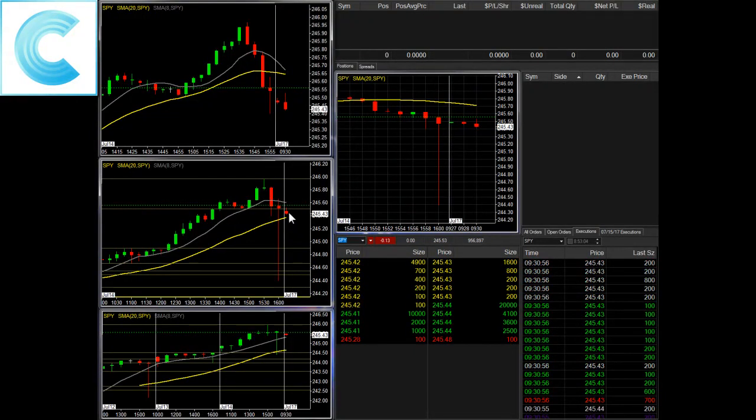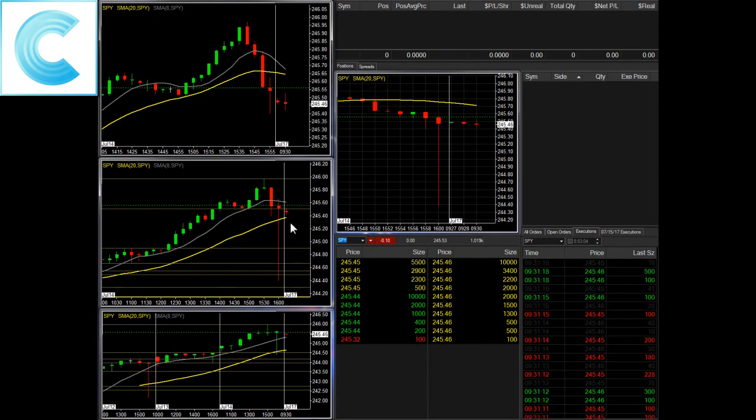However, you'll notice that there's quite a big void going straight down here on the 15-minute chart to the next area of potential support. Now, there could be another area of support here, which I'm unsure whether or not that's going to hold, but what I'll do is keep an eye on the 2-minute chart and the 5-minute chart to determine if this is an actual area that could potentially hold.